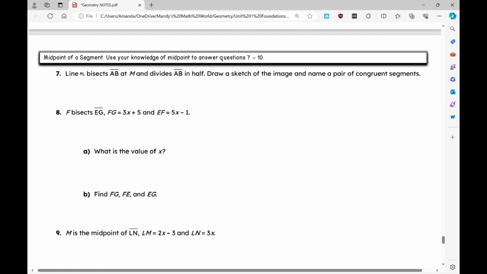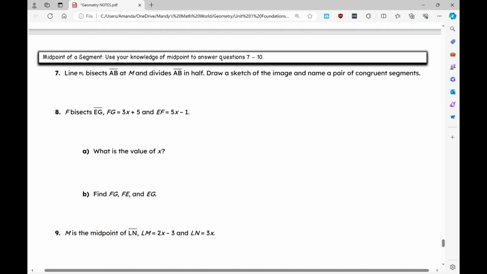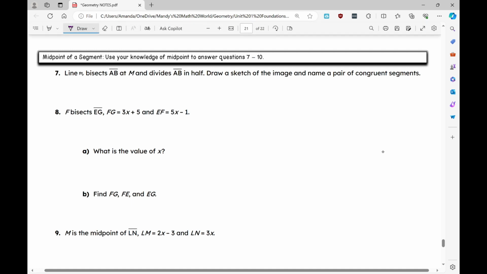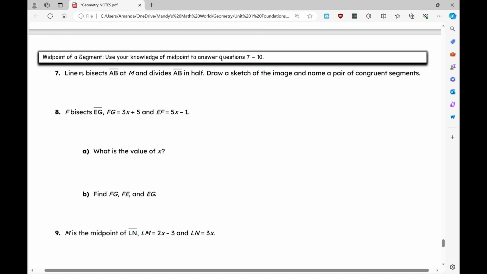Okay, again, when you don't have a picture, draw a picture. Number 7 says line M bisects segment AB at M and divides segment AB in half. Draw a sketch of the image and name a pair of congruent segments. Okay, we know we have segment AB. All right, so let's draw the segment.